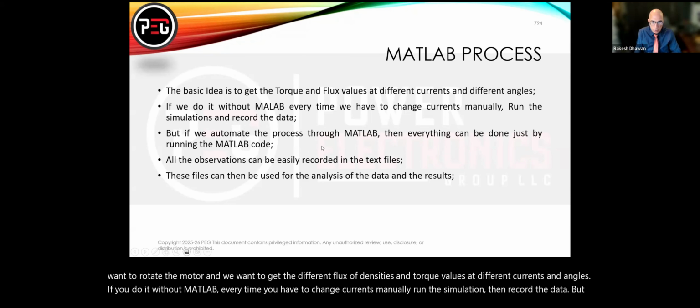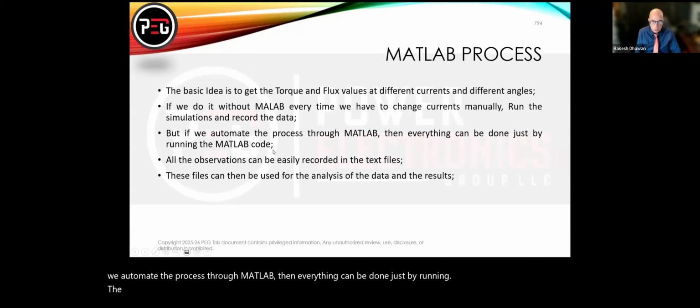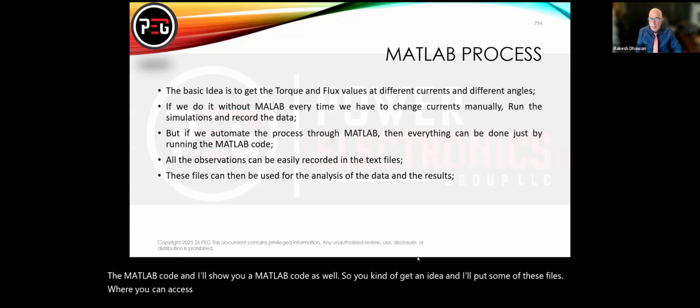But if we automate the process through MATLAB, then everything can be done just by running a MATLAB code. I'll show you a MATLAB code as well, so you get an idea. And I'll put some of these files where you can access them, and you can also see what's happening.